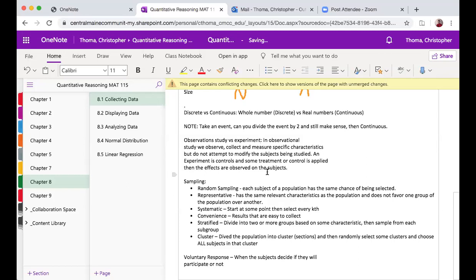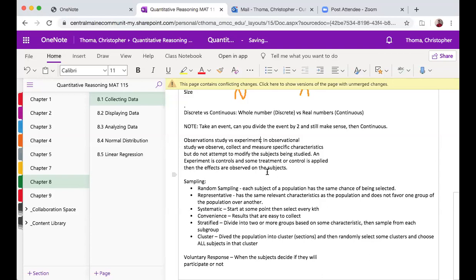If everybody has the same chance of being selected, then it is considered random. And that's actually really challenging to do, because no matter what you do, you increase the likelihood of someone else being selected just because of the way you collect your sample. And that's why typically you want to try to do some of these other types of things. So say you are trying to do a phone survey to collect some data.